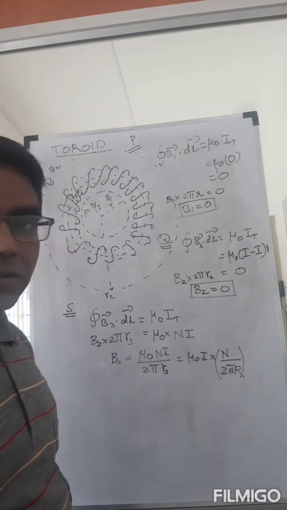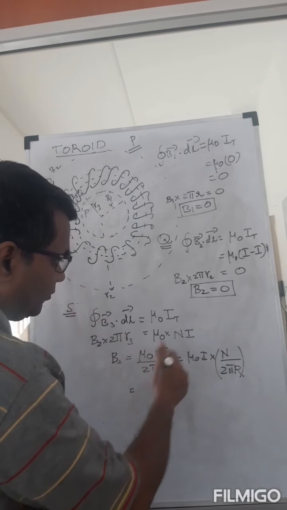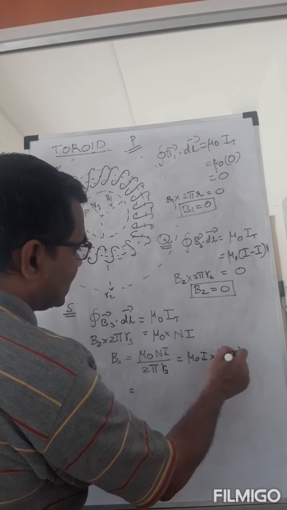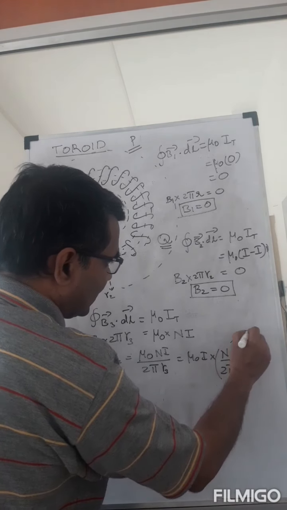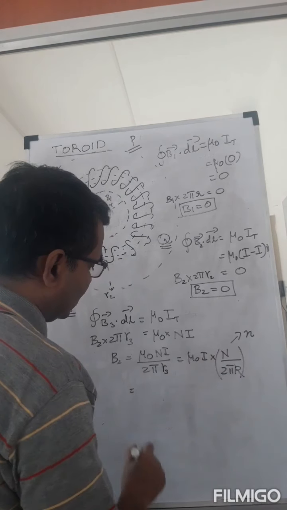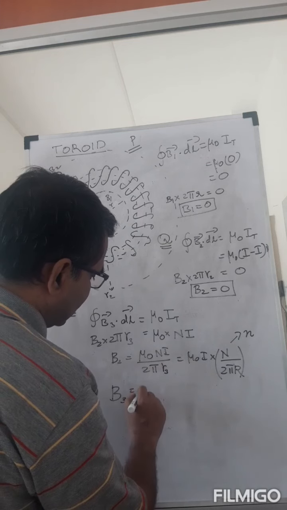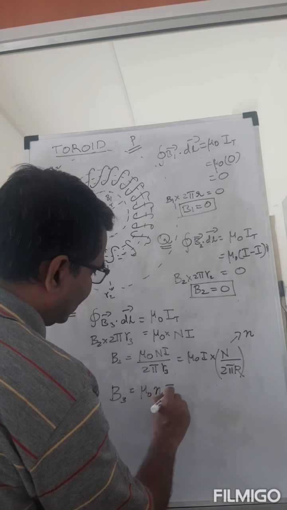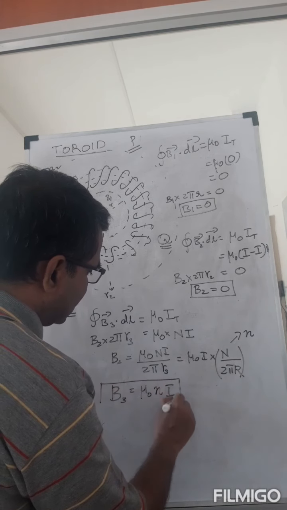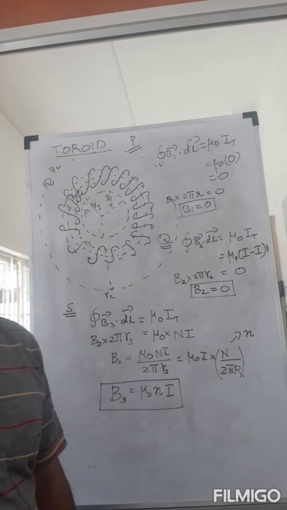So you get N by 2 pi R. This I'll call small n, the number of turns per unit length. So B3 is equal to mu naught n I, and this has the same result as the solenoid.